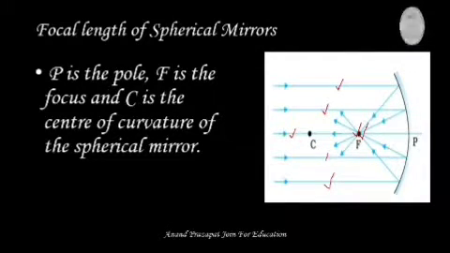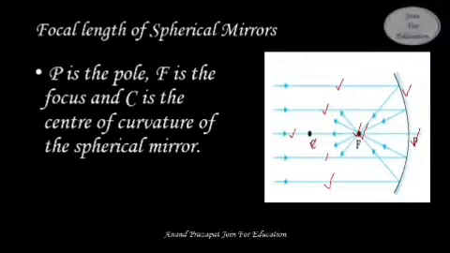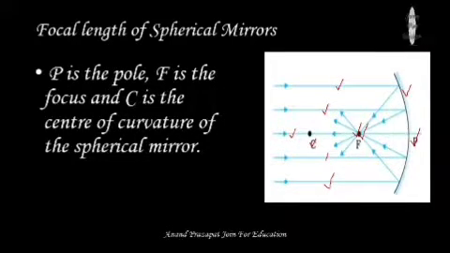So P is the pole of the spherical mirror, F is the main focus of the spherical mirror, and C is the center of curvature of the spherical mirror. The center of the sphere, whose part is the spherical mirror, is known as the center of curvature of the spherical mirror, and it is generally denoted by capital C. So this is C, this is P or pole, and this is the main focus of the spherical mirror.